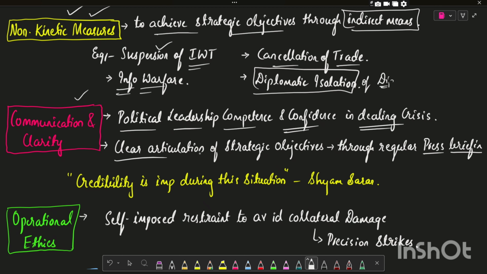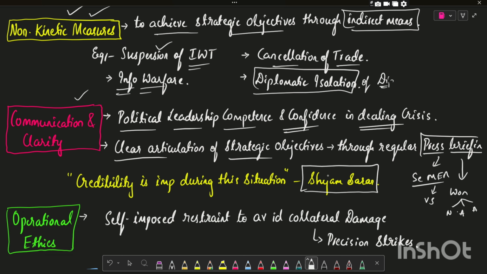There was also clear articulation of strategic objectives through regular press briefings by the Foreign Secretary of the Ministry of External Affairs, Vikram Misri, and also by women commanders of the three organs of the Indian military, that is Navy, Army, and Air Force. The famous political analyst Shyam Saran said that credibility is important during this situation. This credibility was ensured through clear articulation of strategic objectives through regular press briefings.